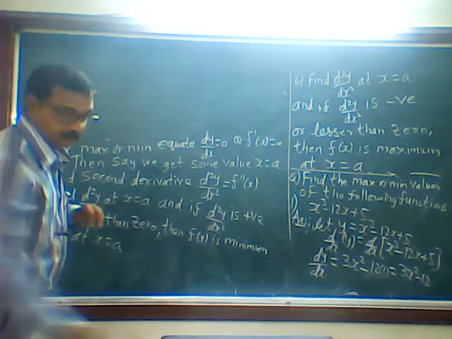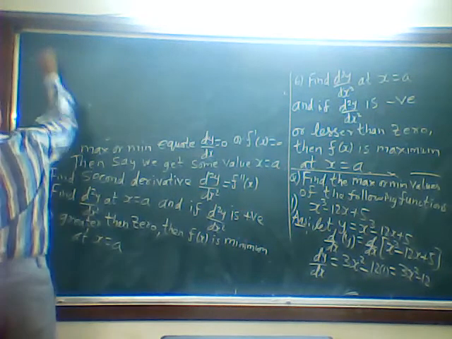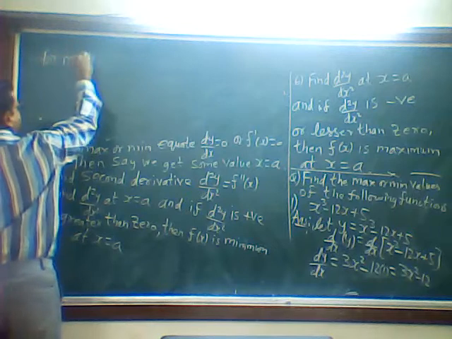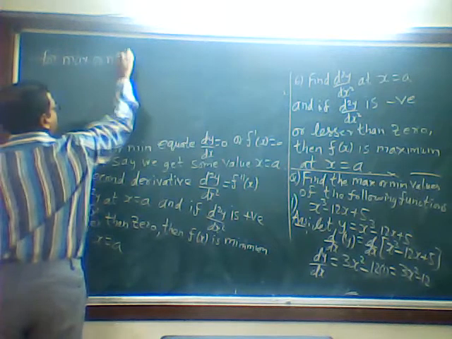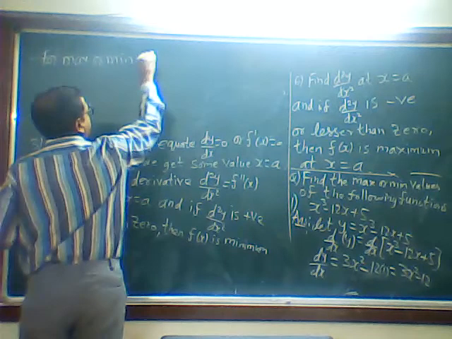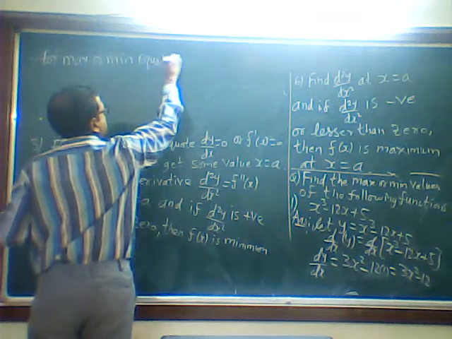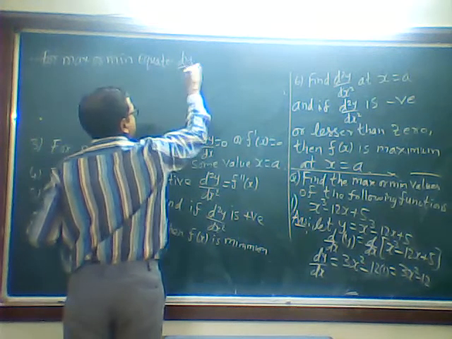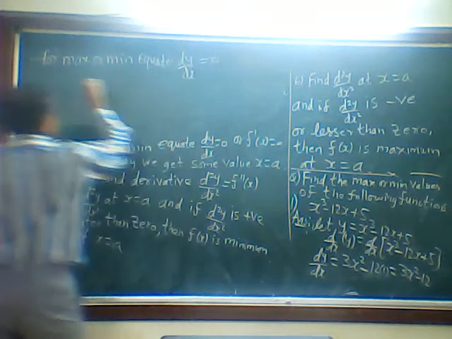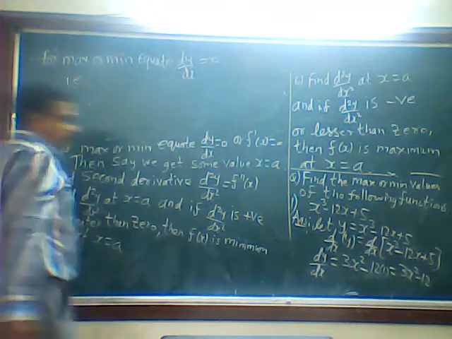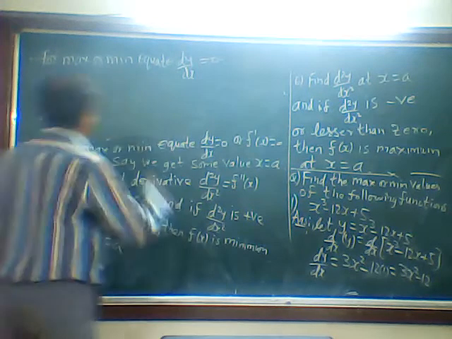Now the third one: for maximum or minimum, equate dy by dx is equal to 0. That is, what is dy by dx? 3x square minus 12.